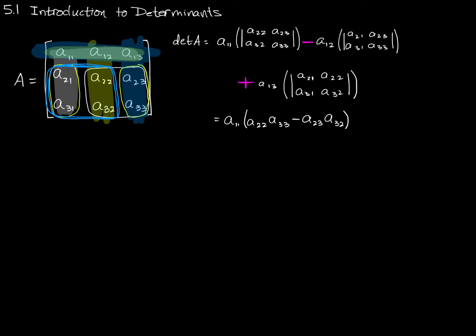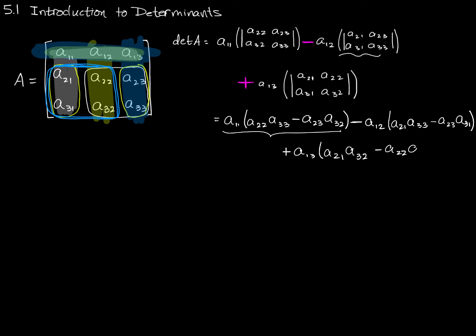So to this expression here, I need to subtract A12 times the determinant here, which is A21 times A33 minus A23 times A31, and to that I'm going to add A13 times A21 times A32 minus A22 times A31.